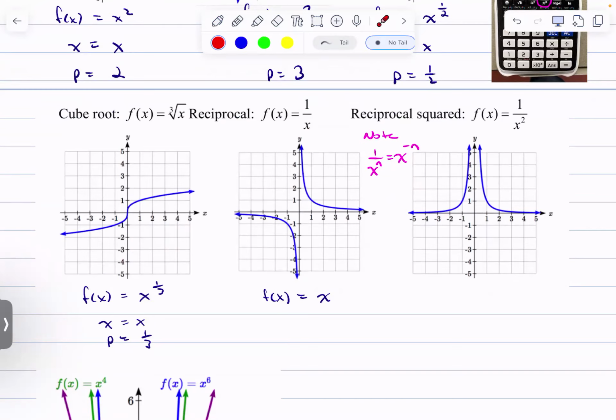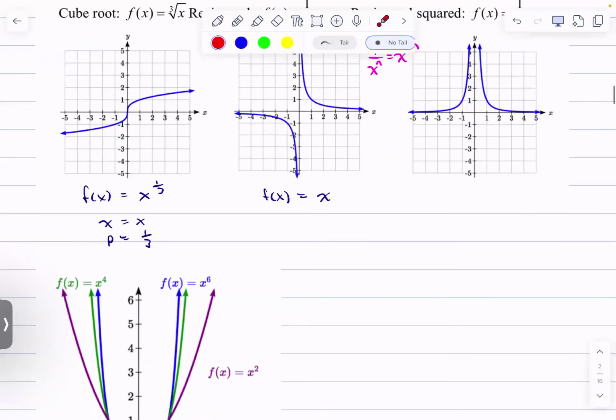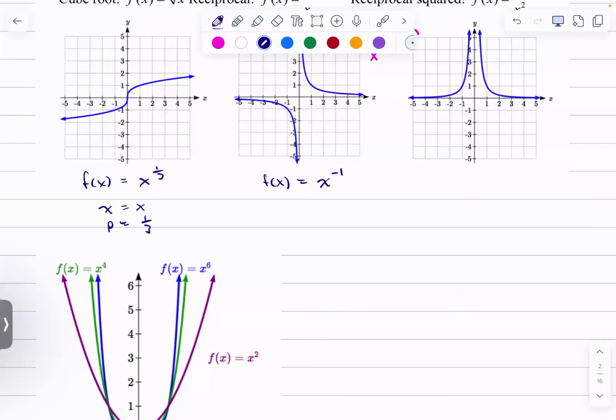If I float that upstairs, then I get x to the negative 1. So f of x is x to the negative 1: x is x, and p in this case is -1.